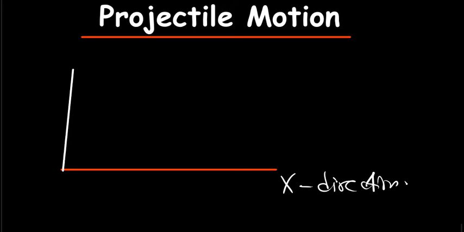That is linear motion in the x direction. That's what we call linear motion. Then when an object is moving in the y direction, that one we call free fall motion in the y direction.